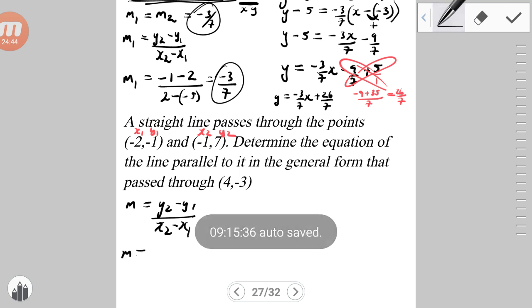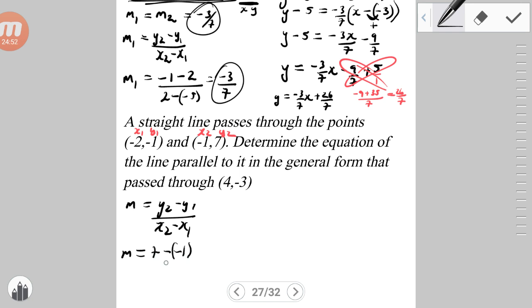All right, so m works out to be y2 is 7, take away y1 is -1, over x2 here works out to be -1 minus x1 here is -2.